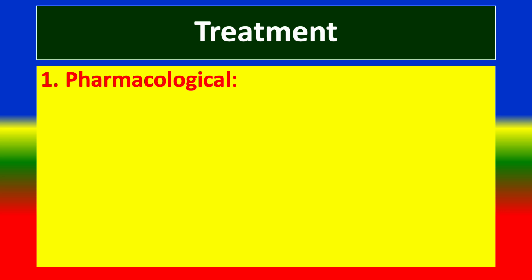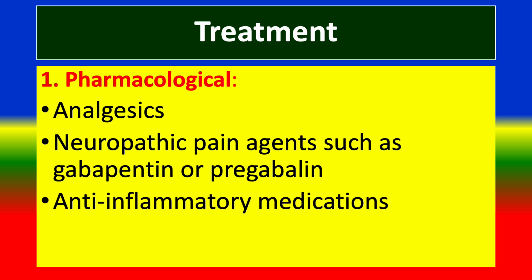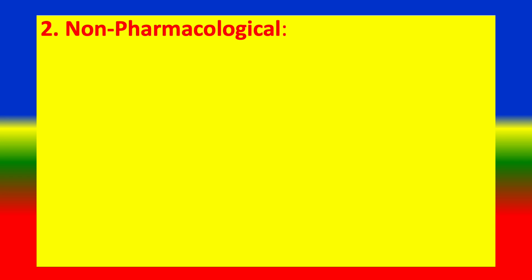Treatment options: 1. Pharmacological: analgesics, neuropathic pain agents such as gabapentin or pregabalin, anti-inflammatory medications. 2.